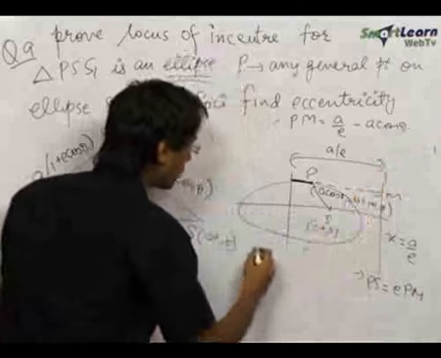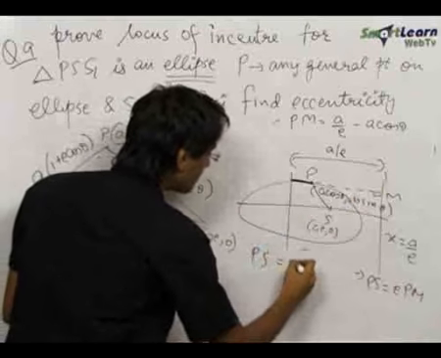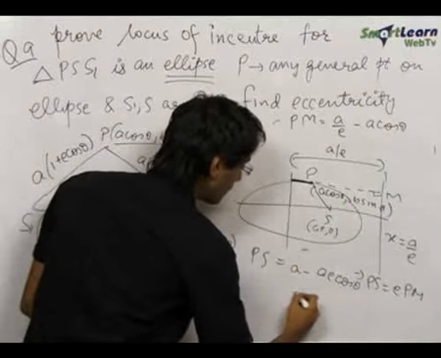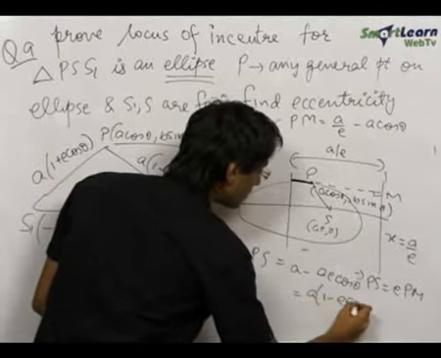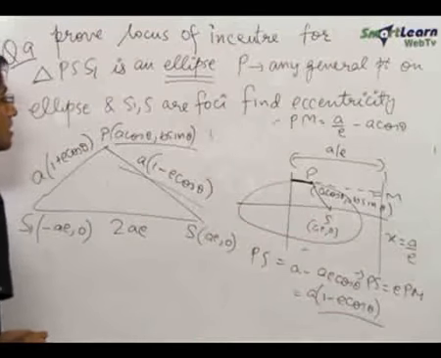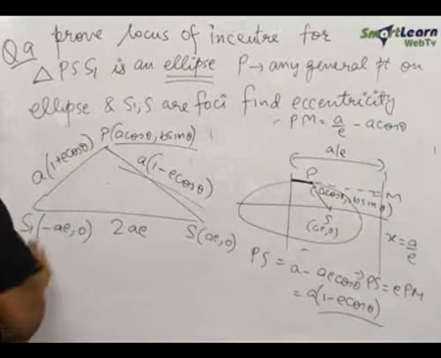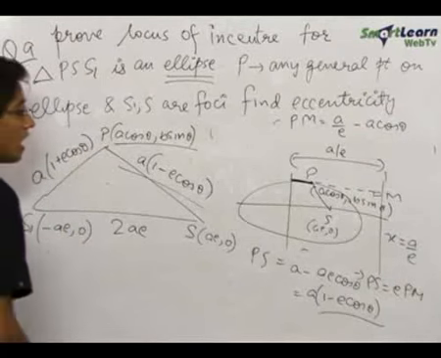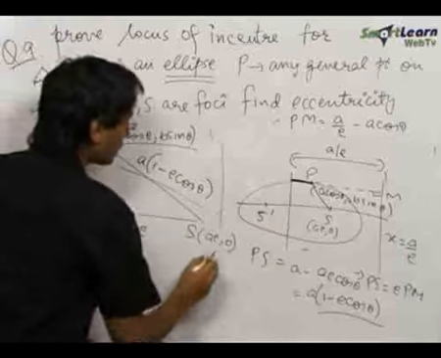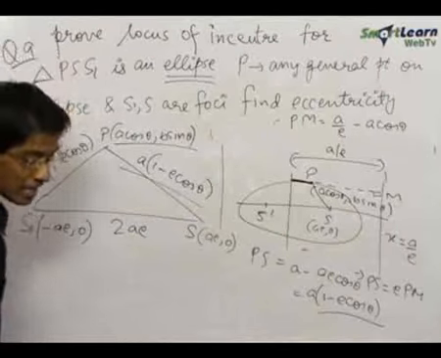So PS will be equal to E times this, that is A minus AE cos theta, that is A times 1 minus E cos theta, and hence this distance is A times 1 minus E cos theta. Similarly, this distance we can prove to be equal to A times 1 plus E cos theta by using S dash, which is minus AE comma 0, and the directrix x equals minus A by E.